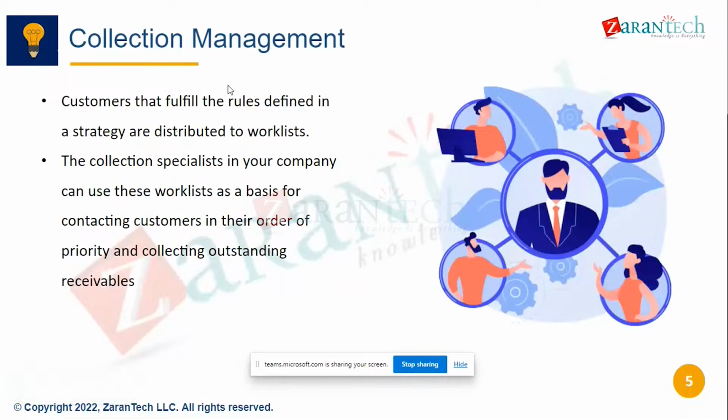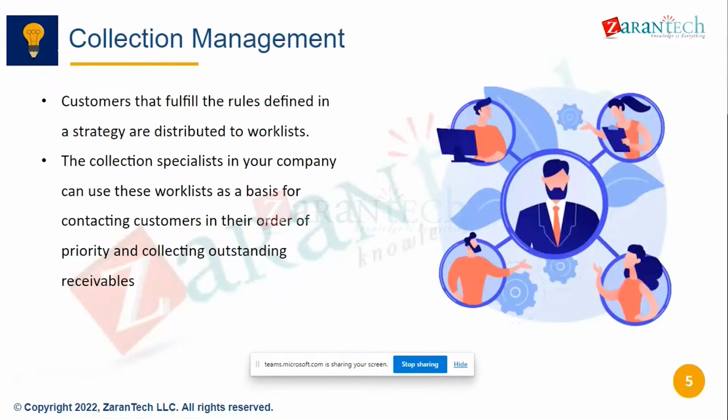And those customers which fulfill the rules are distributed to the work lists, right? Because I think there are also certain scenarios where some collection agencies are very stringent in their follow up, and maybe their recovery rate is much higher.